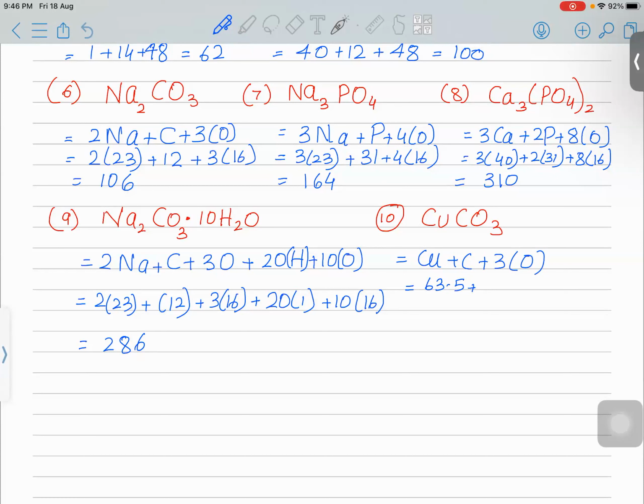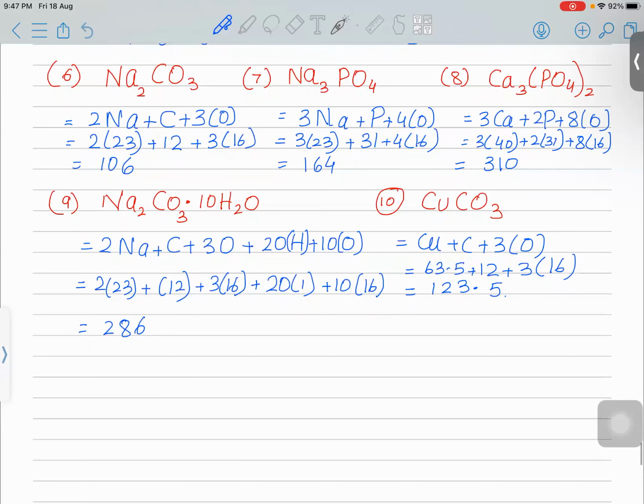So 63.5 plus carbon, which is 12, plus 3O, which is 3 times 16. Then we take the bracket out: 63.5 plus 12 plus 48, which will be 123.5.